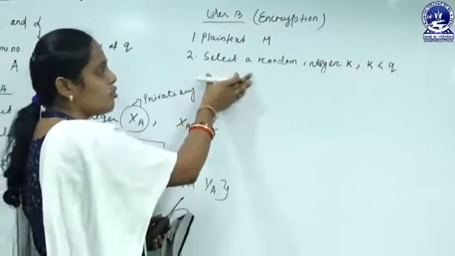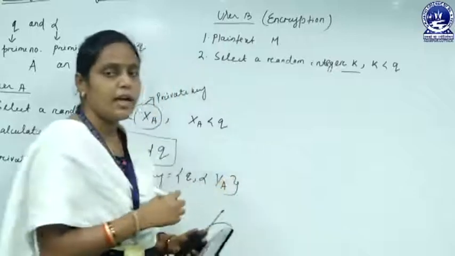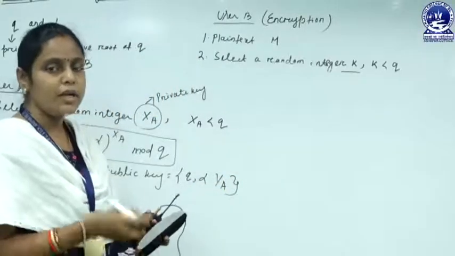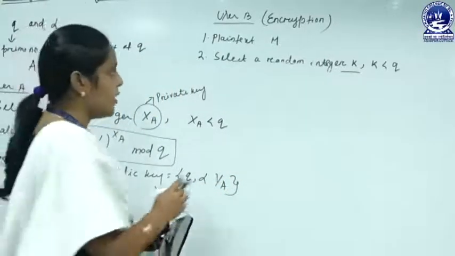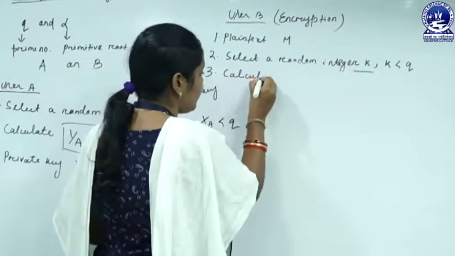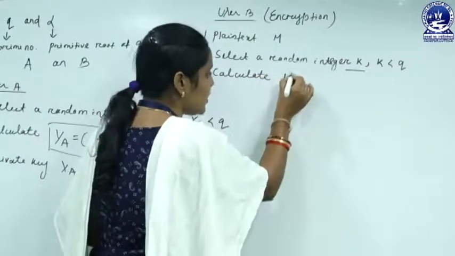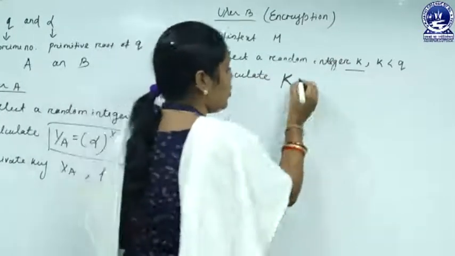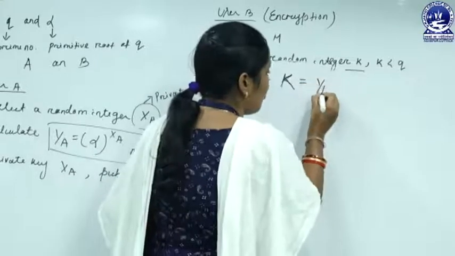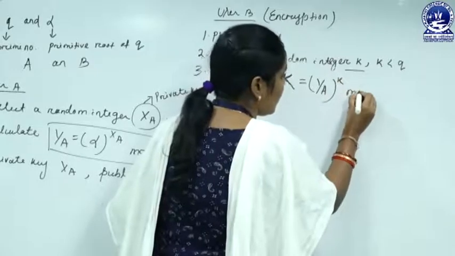Then in the third step it calculates the secret key K, which is equal to ya to the power k mod q.